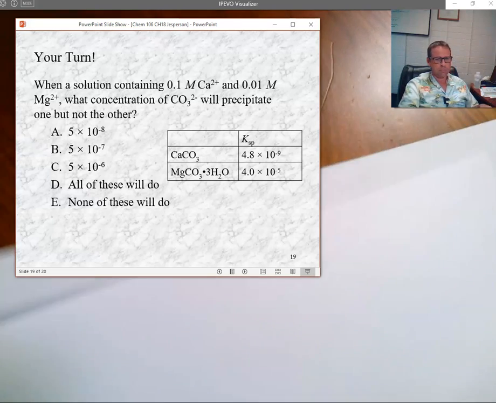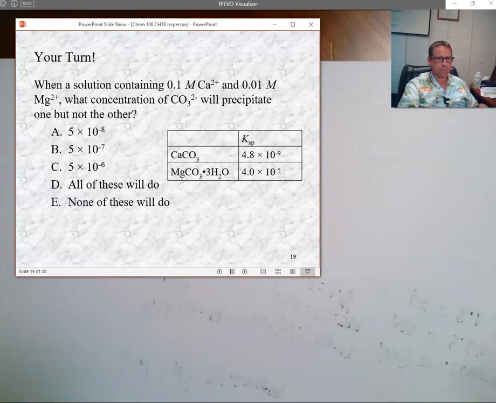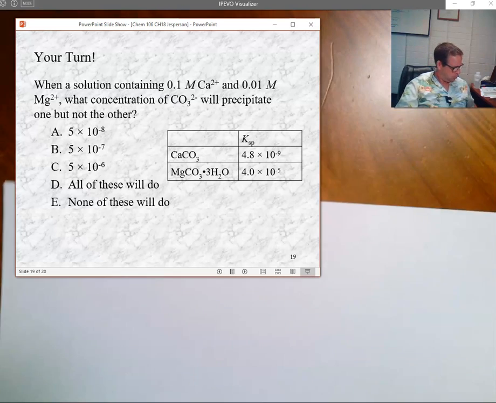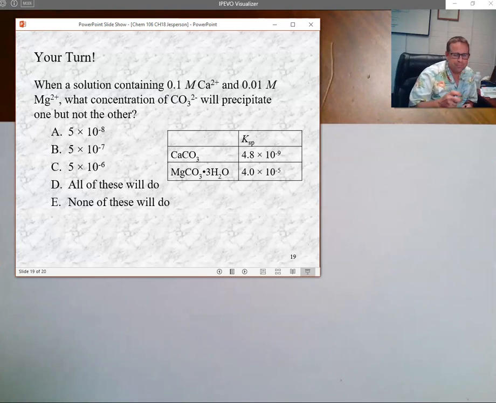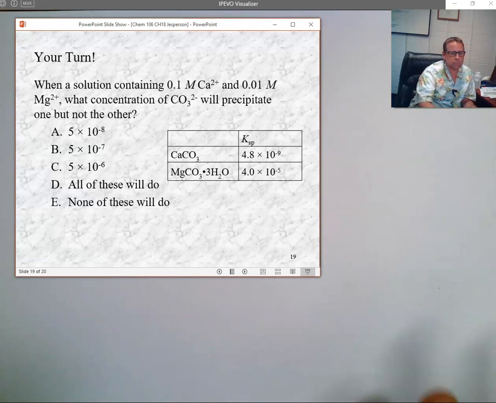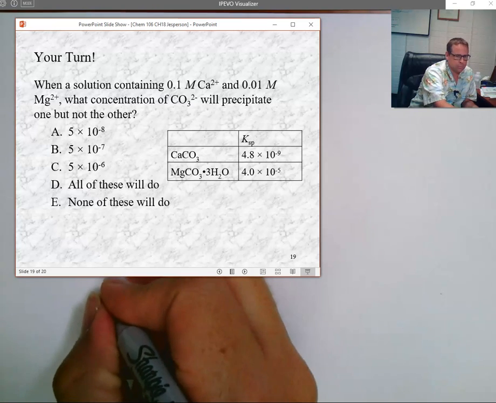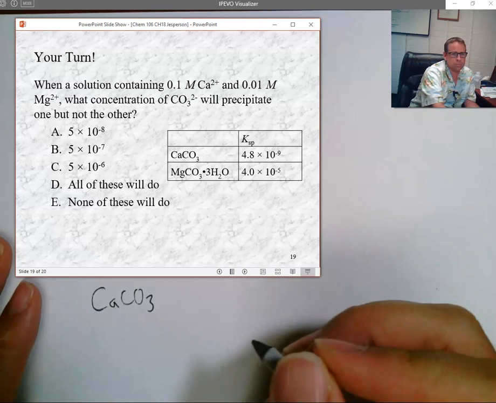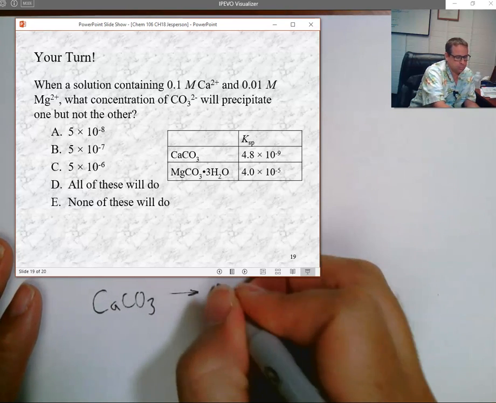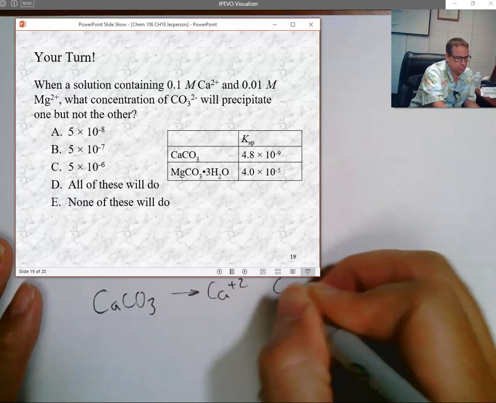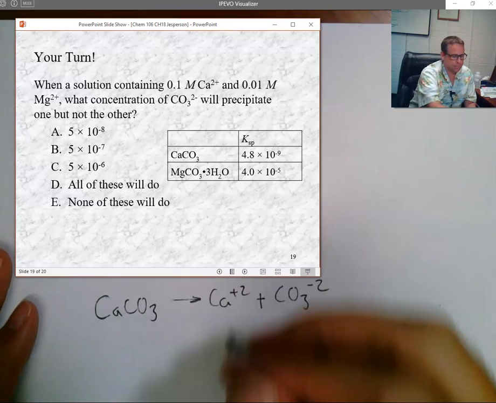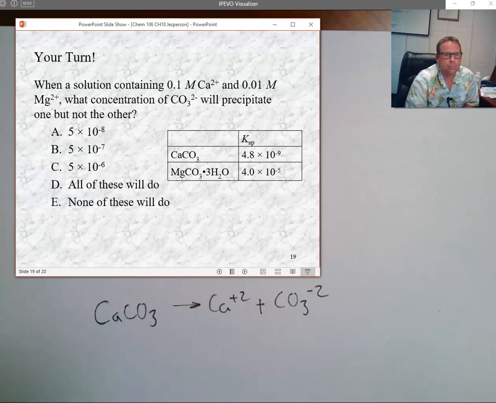Sure. I'm just writing out the equations. CaCO3 goes to Ca plus 2 and CO3 minus 2.